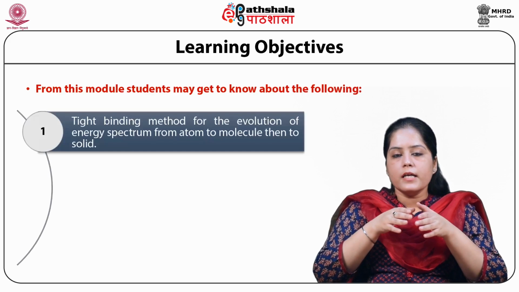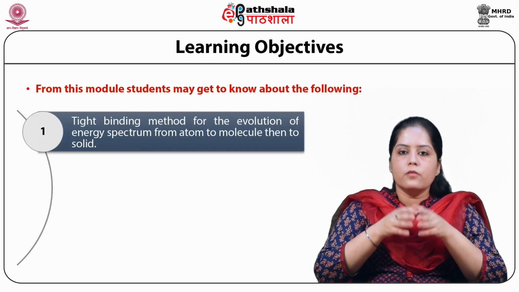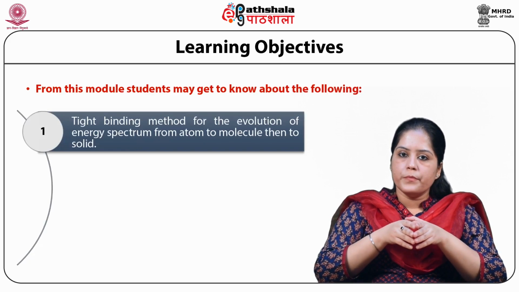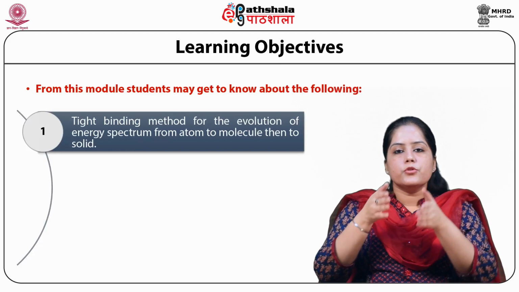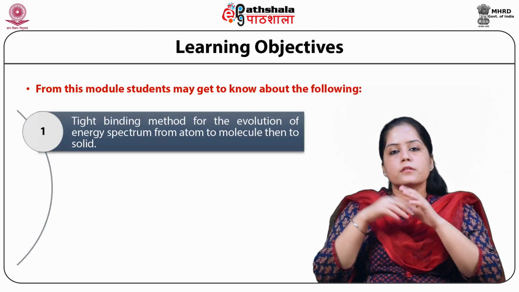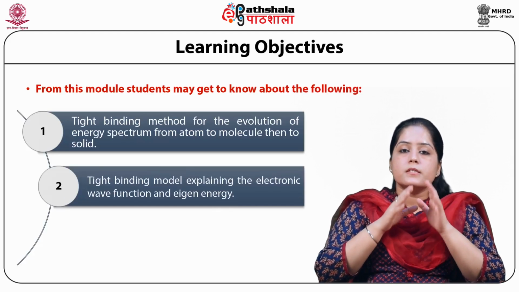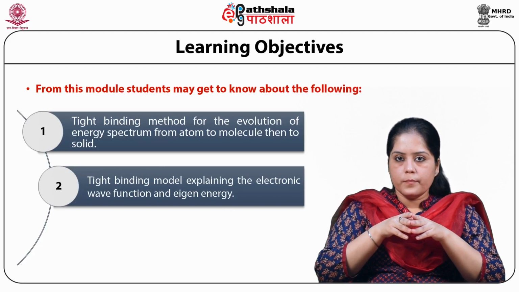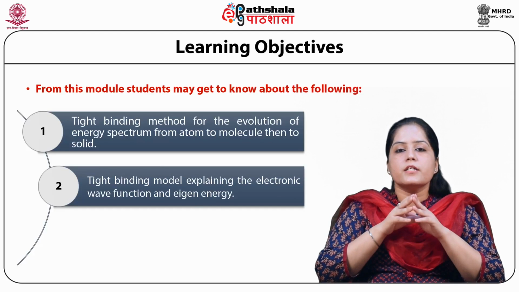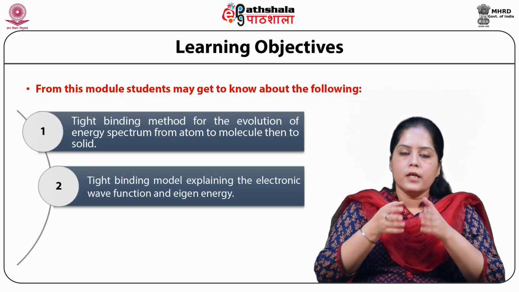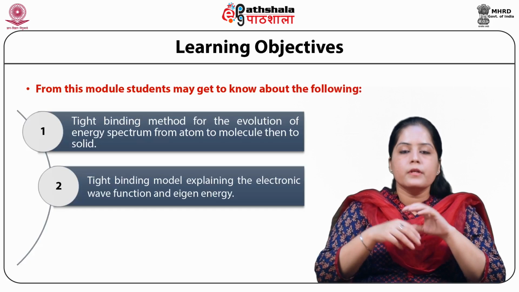Firstly, the tight binding method for the evolution of energy spectrum from atom to molecule and then to solid. Secondly, tight binding model explaining the electronic wave function and eigenenergy will be discussed.